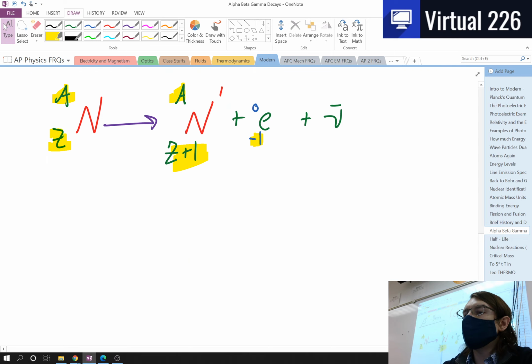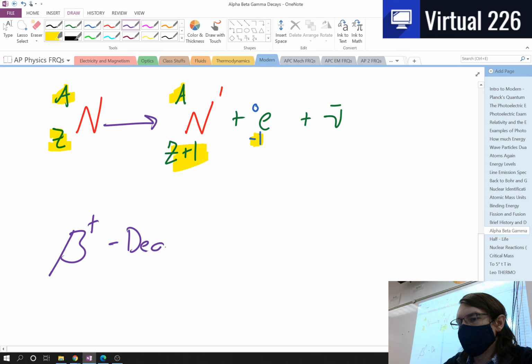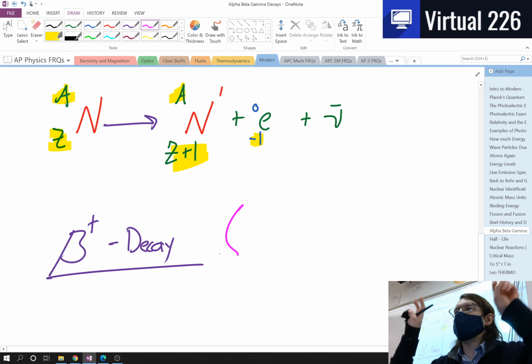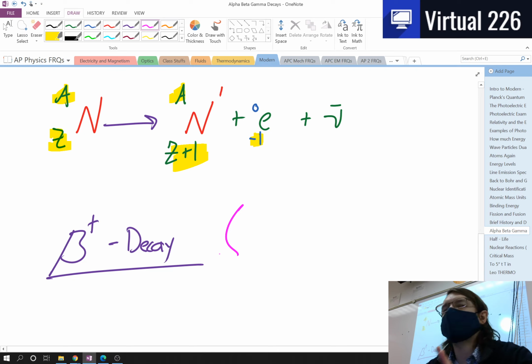We also have, if you've got beta minus decay, you might as well have beta plus decay. Beta plus decay is very similar. You're still going to get an electron and a neutrino, except the matter and antimatter for them are going to flip.